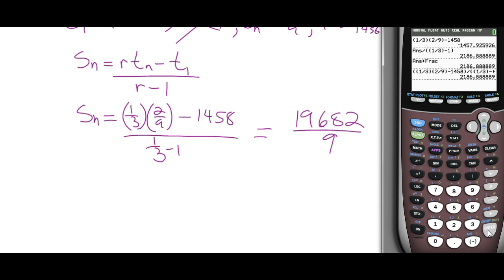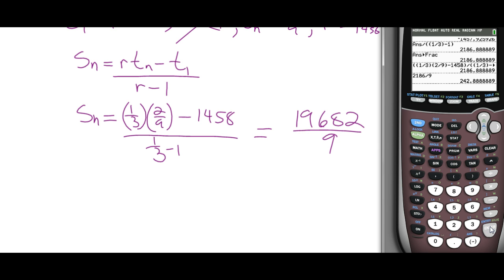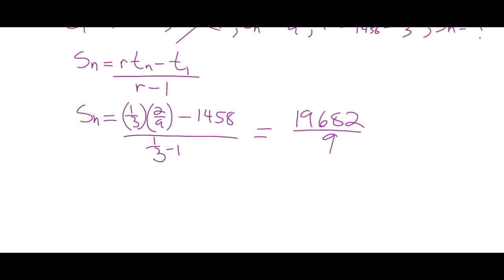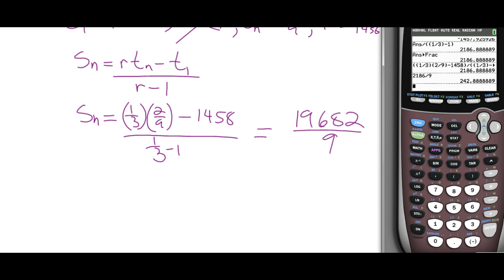So if that's 8/9, then what you can do is take 2186 times 9, plus 8. So there's the 19,682, right? But you have to recognize that 0.88888 is 8/9, and then say, oh, so the denominator is 9s.